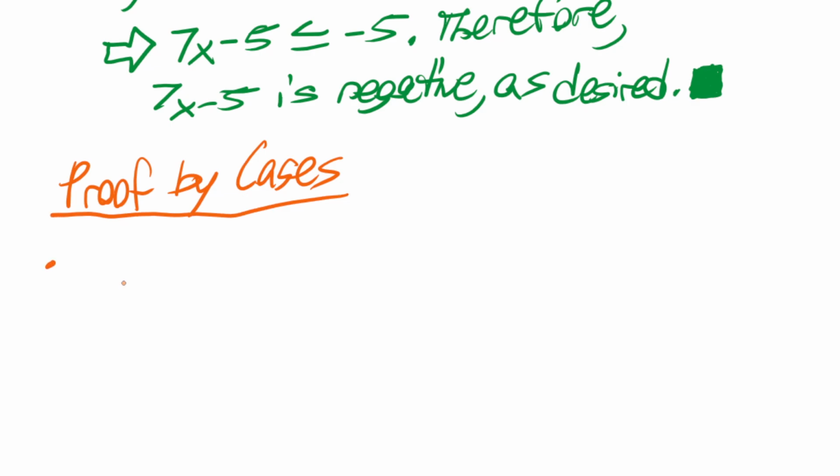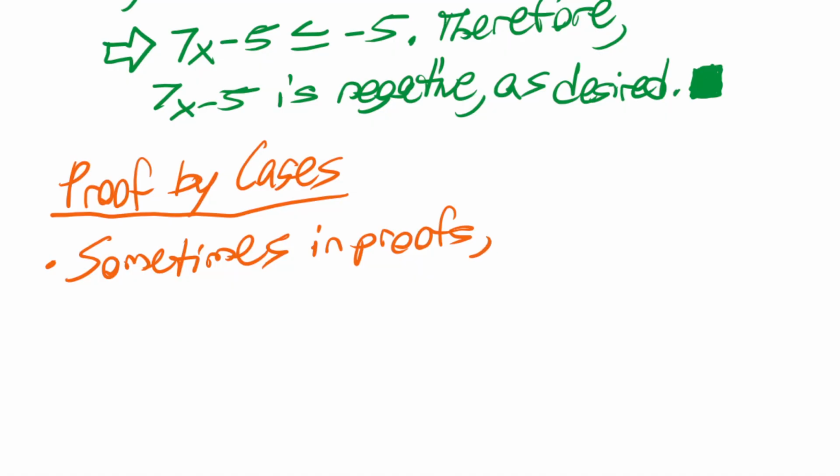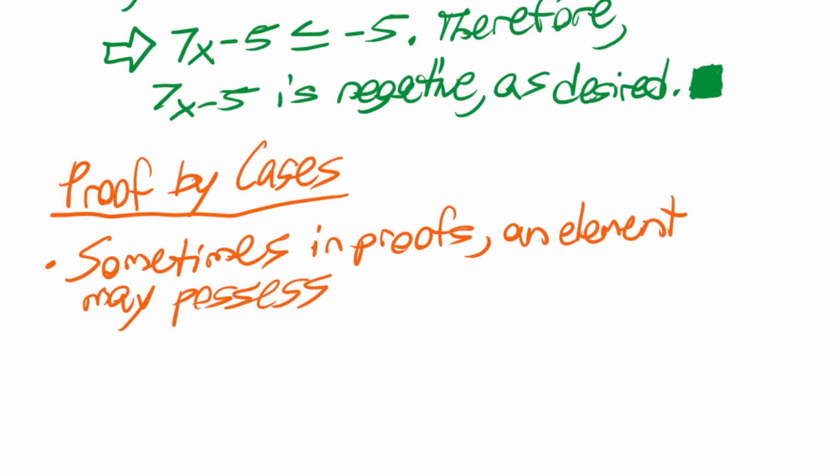So, sometimes in proofs, an element may possess one of two or more properties.